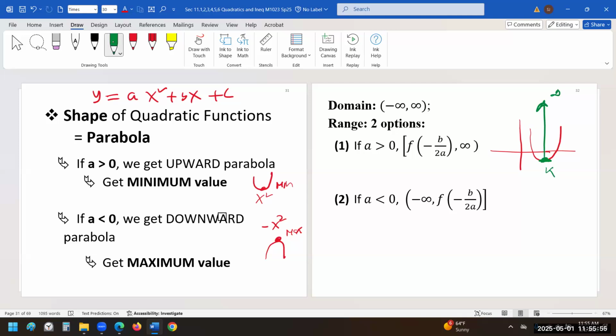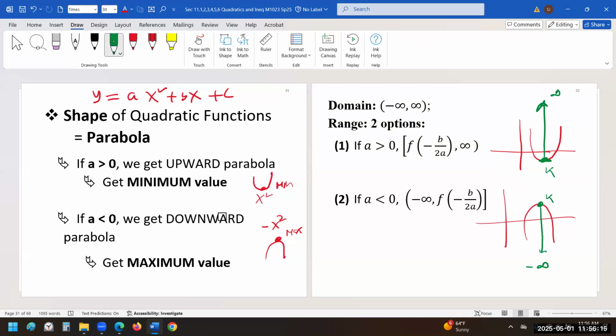So from k to infinity is your range for your upward parabola. But if you are dealing with an upside down parabola, let's say here, then your range is from negative infinity to the y of the vertex.